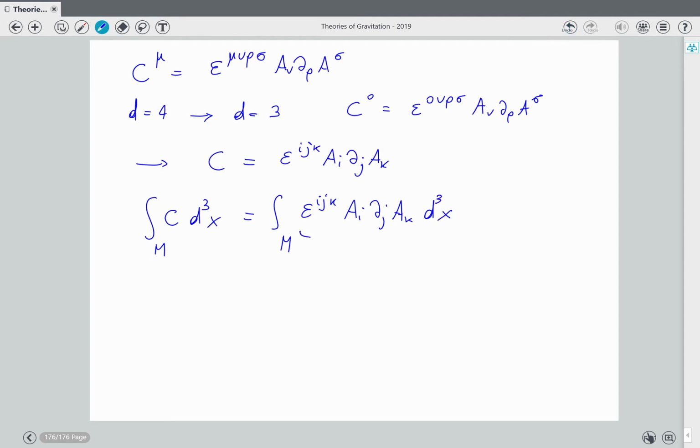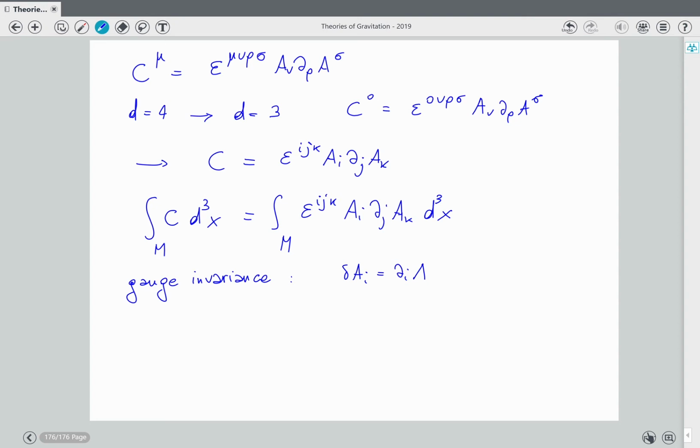For example, if you take this integrand, it is not gauge invariant. Let me check. Gauge invariance is this symmetry.